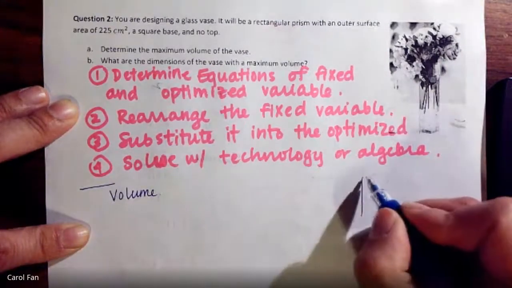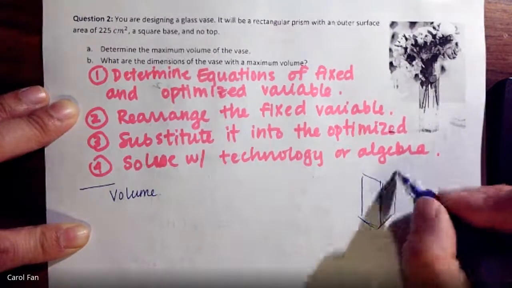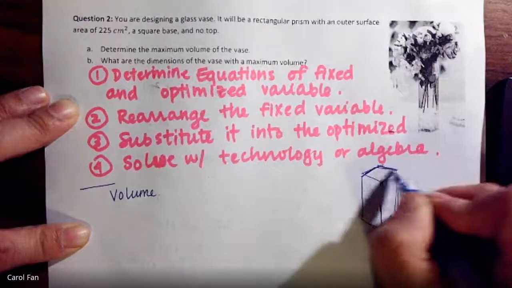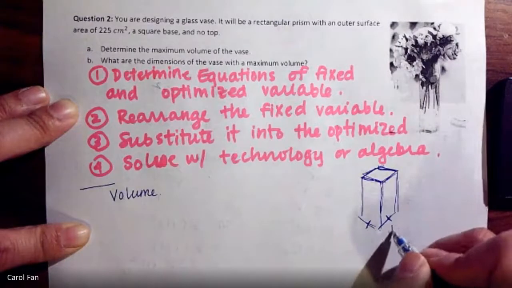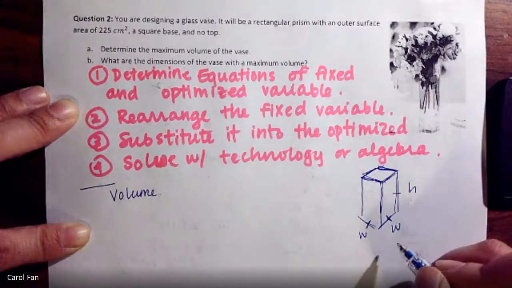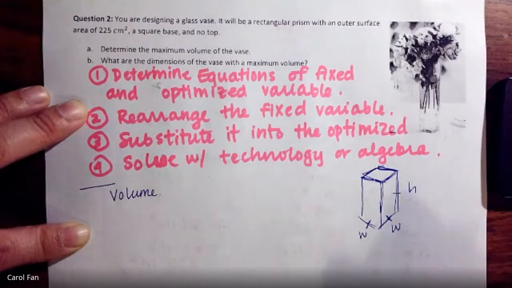I'm going to draw my diagram again. So here's my vase. I know that the length and the width are the same, so I'm just going to call it width times width. And I have my height. Those are the 3 dimensions that we're talking about.